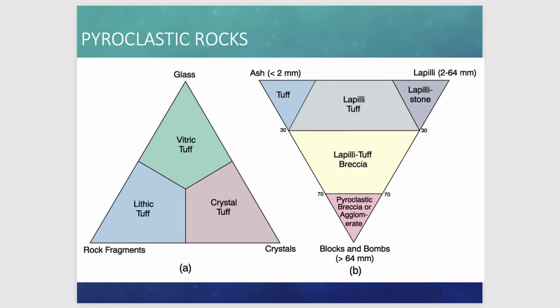So quite often a cinerite, so a rock that has very fine-grained fragments, will be termed a tuff, and the ash is usually less than 2 millimeters, so ejection of ash that is less than 2 millimeters will essentially produce the deposition of layers of cinerite that consolidate and become a tuff.